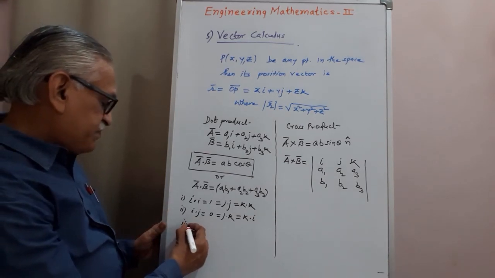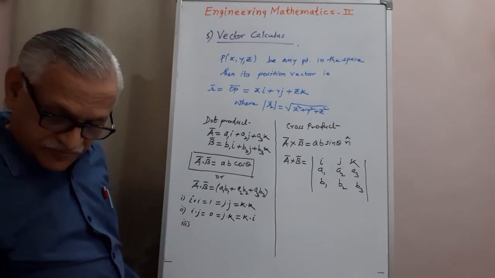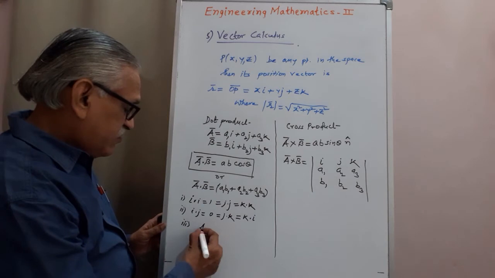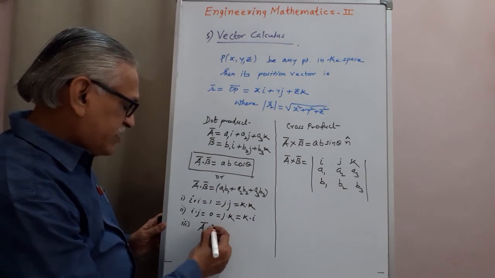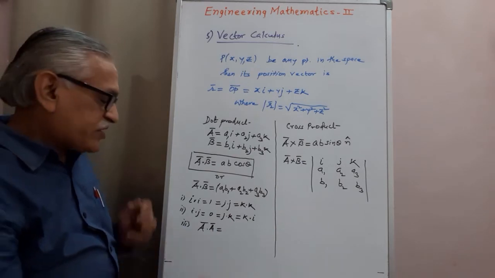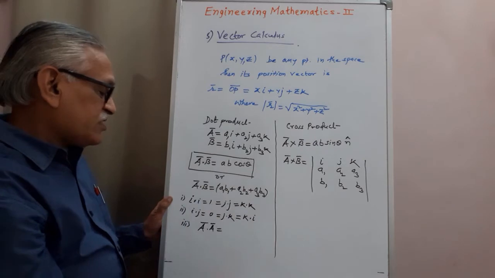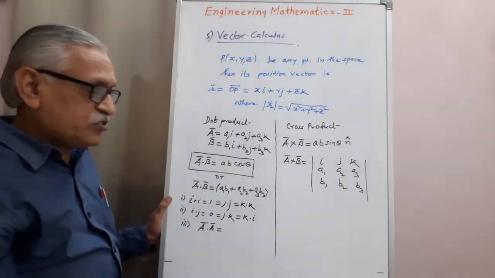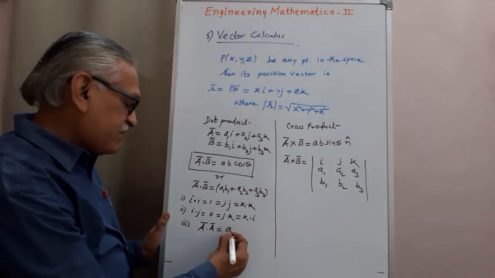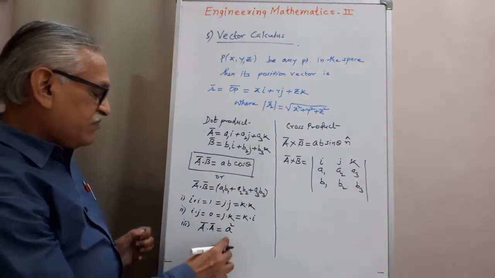The third property, vector A dot vector A, a dot product of two same vectors. As per the definition, it is a b cos theta. Theta is 0, cos 0 is 1, and therefore we get the product as A square, magnitude square.